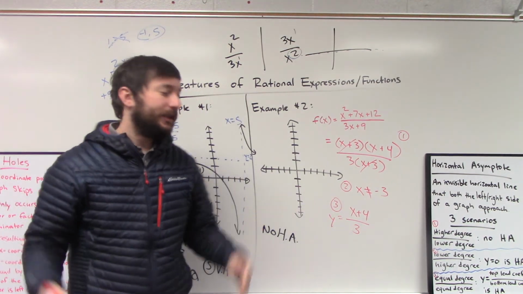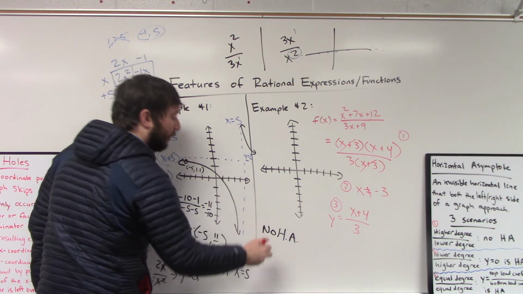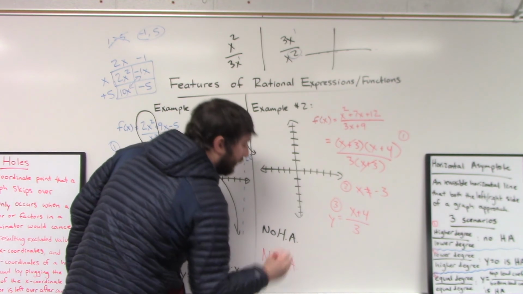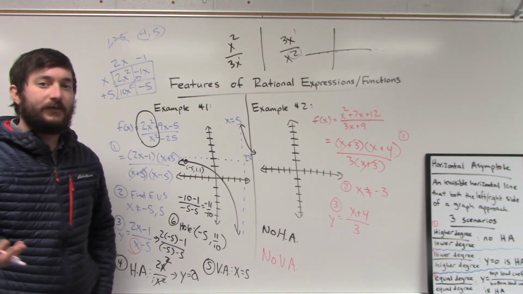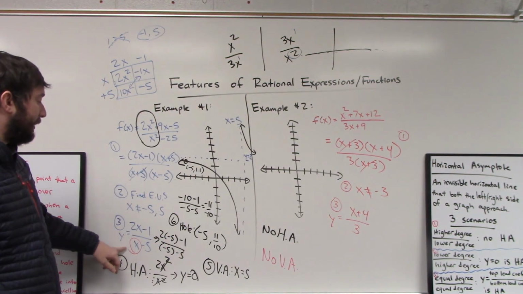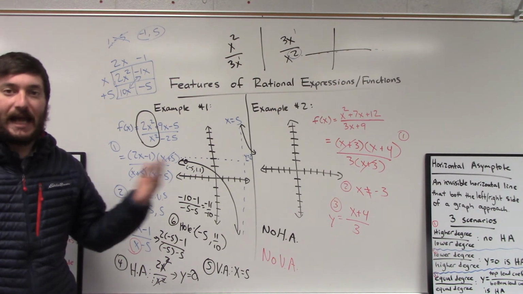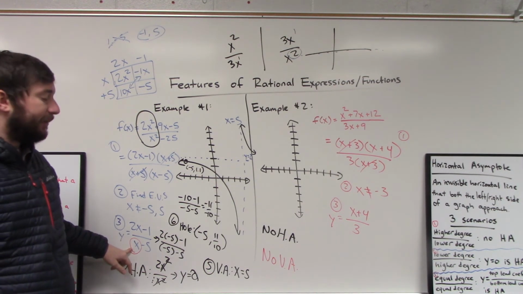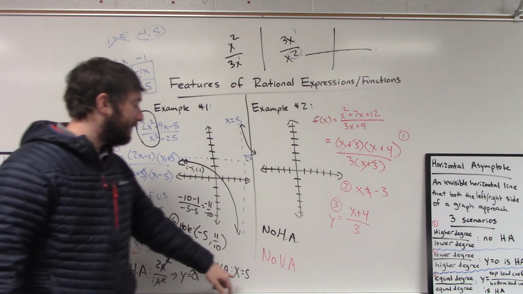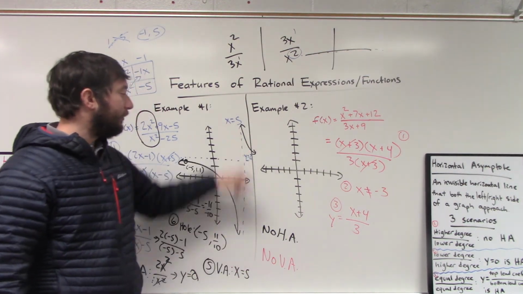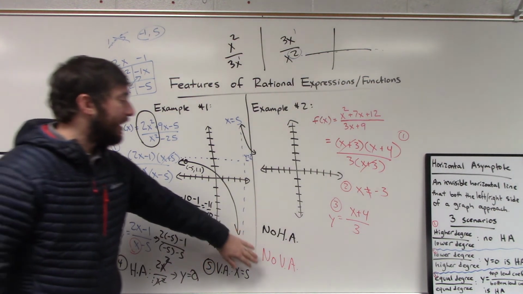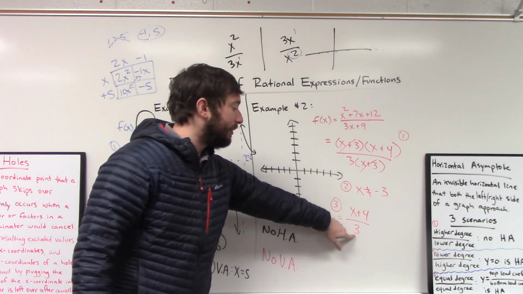So there's not only no horizontal asymptote, there's no vertical asymptote either. You can only have a vertical asymptote if you have a variable left over in your denominator after step 3, after you simplify by canceling. Here, it was positive 5 because 5 minus 5 is 0. Excluded value, vertical asymptote, dotted line, the graph will never cross. Not here. No variable in our denominator.